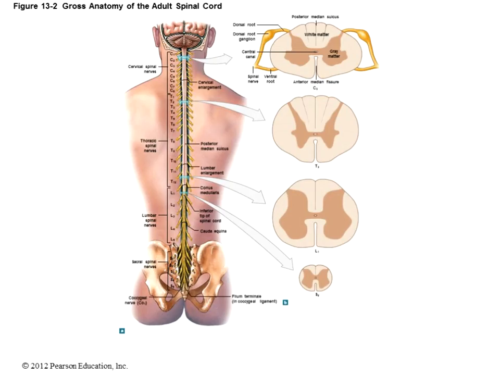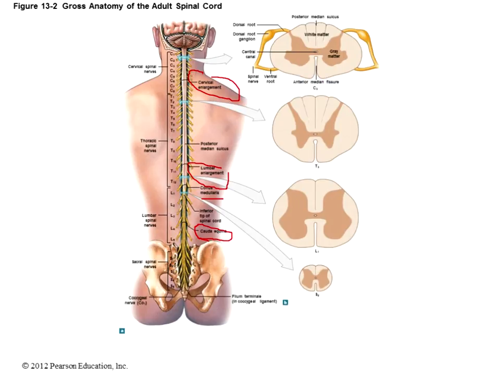As you can see in this image, you can see the cervical enlargement and the lumbar enlargement, and then at the conus medullaris, it really starts to change and taper into what we call the cauda equina, which means horse's tail, and it fans out in that fashion as it goes down into the sacral spinal nerves.